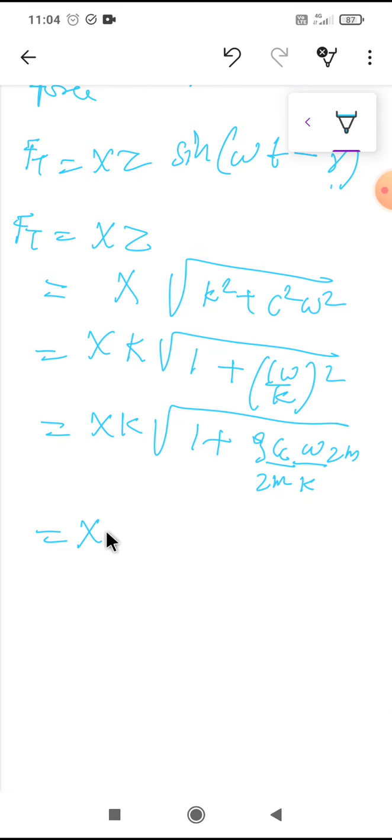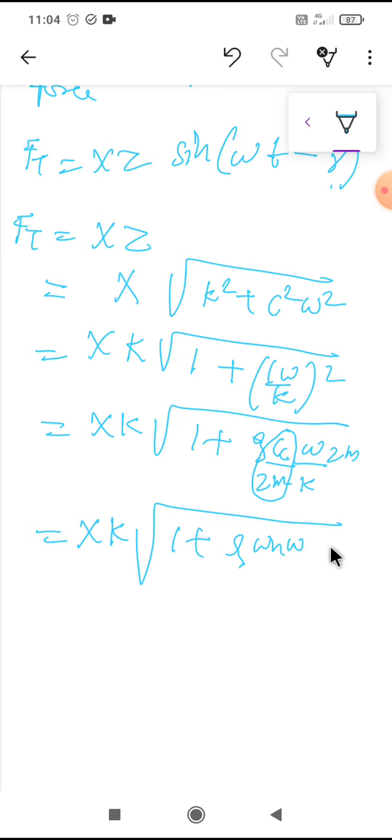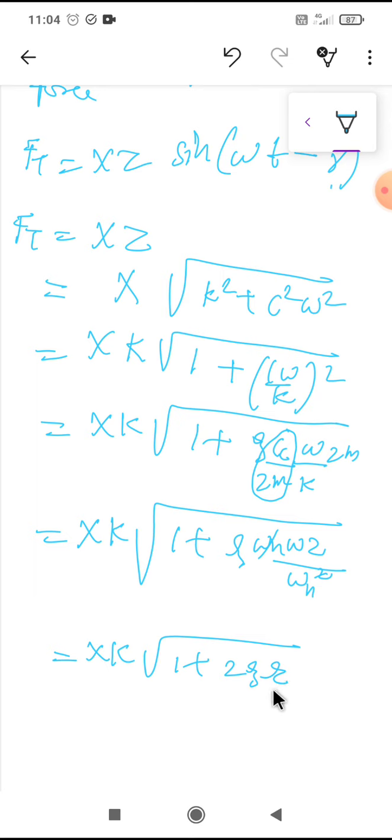And what is omega? I can write here 1 plus zeta, here cc by 2m, instead of that I can write omega n, and omega, and here 2, and k by m is nothing but omega n square. So omega n will get cancelled. We are left with xk under root 1 plus 2 zeta omega by omega n, which is nothing but the frequency ratio, small r.